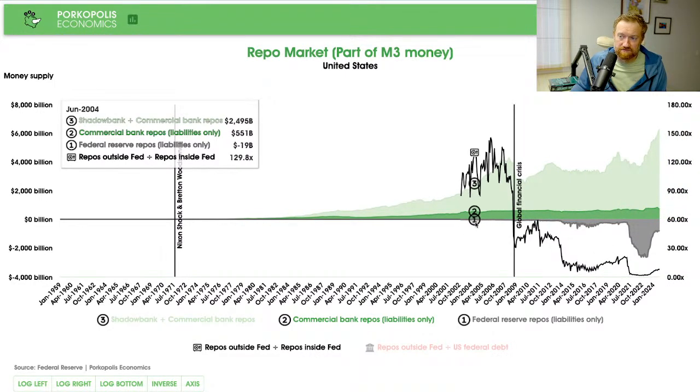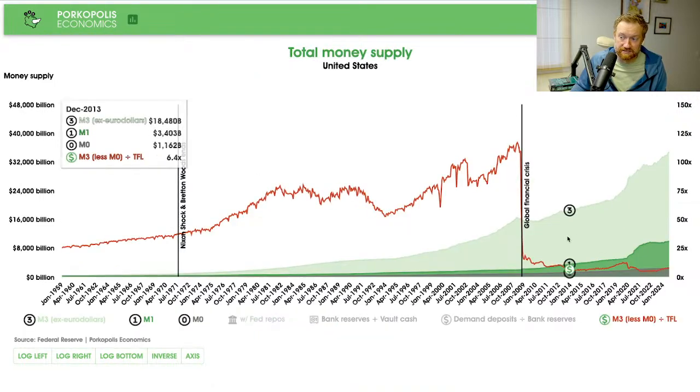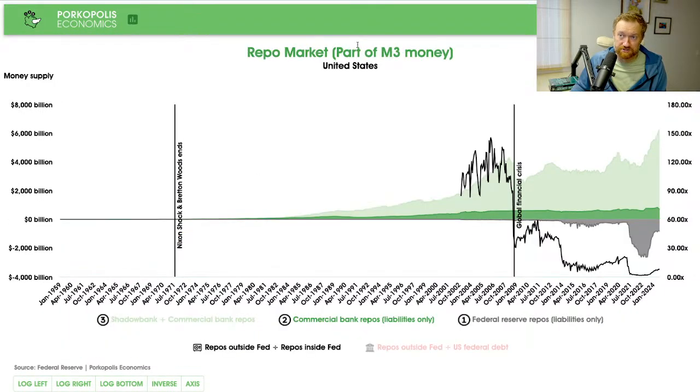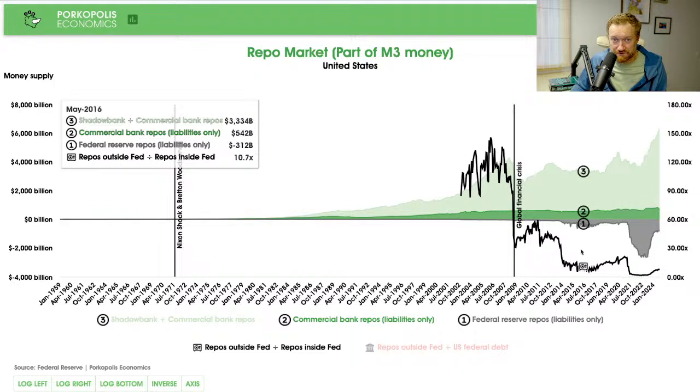Interesting. Much higher here, which showed to a GFC. And then we get this distorting effect. All right. Still distorted. Just like we were distorted here with all those bank reserves, we are distorted here with all these repos that the Federal Reserve is engaging in. So not as helpful. We were at 100 times what the Federal Reserve was engaging in here in 2007.